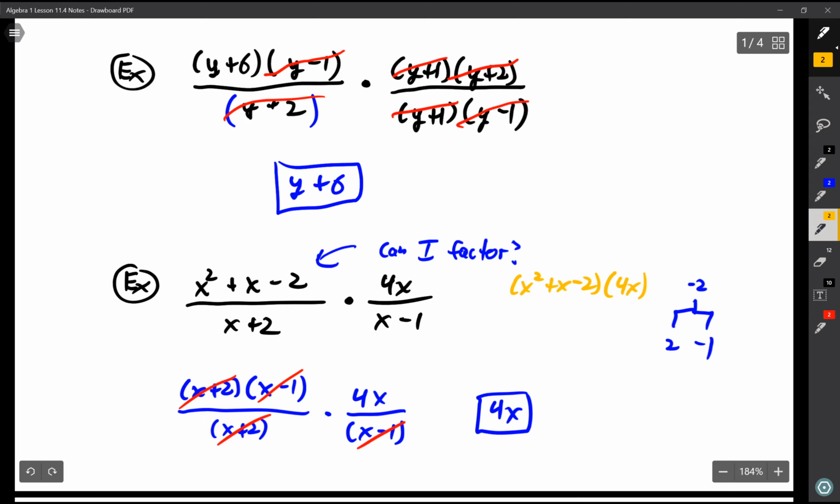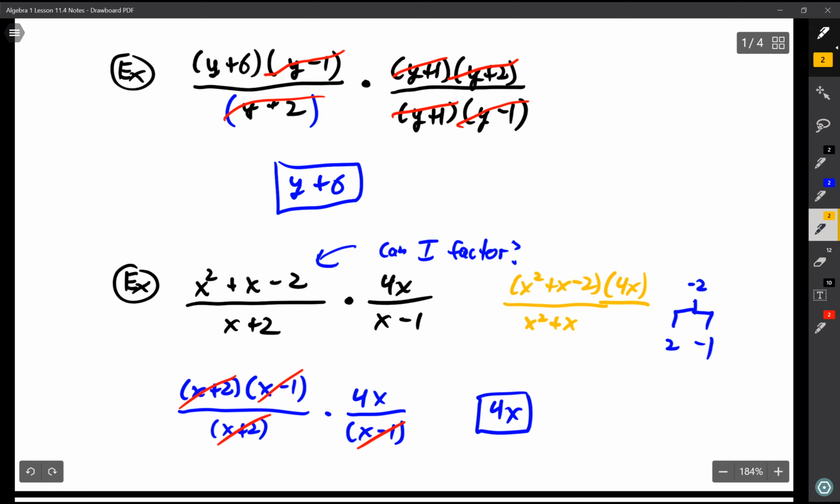And on the bottom, you would have ended up with x squared plus x minus 2, in which case that whole chunk and that whole chunk would have canceled, leaving you again with just the 4x. But factoring, that's what I recommend. All right.